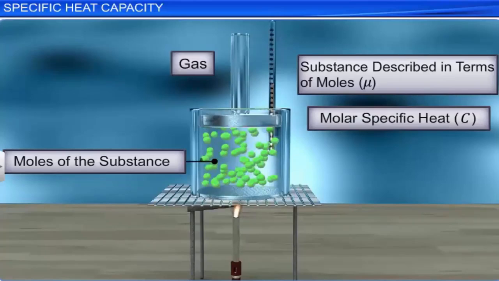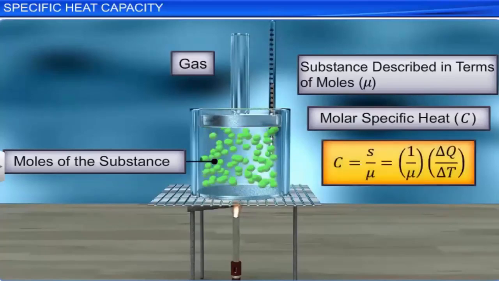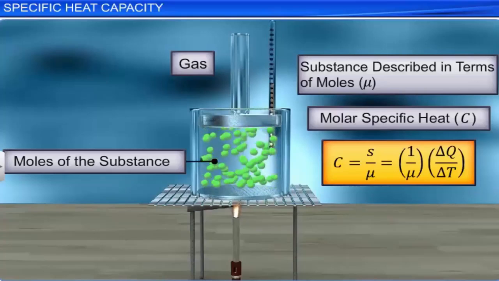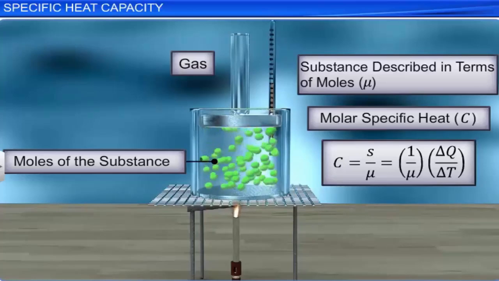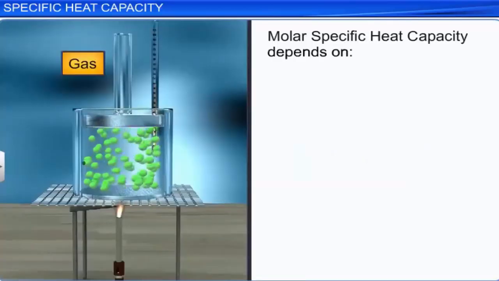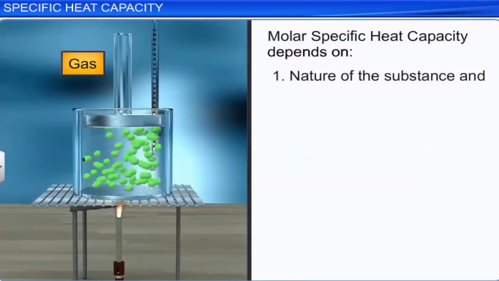This is given by C equals S by mu equals 1 by mu into delta Q by delta T. The SI unit of molar specific heat capacity, C, is joules per mole Kelvin. Molar specific heat capacity also depends on the nature and temperature of the substance.